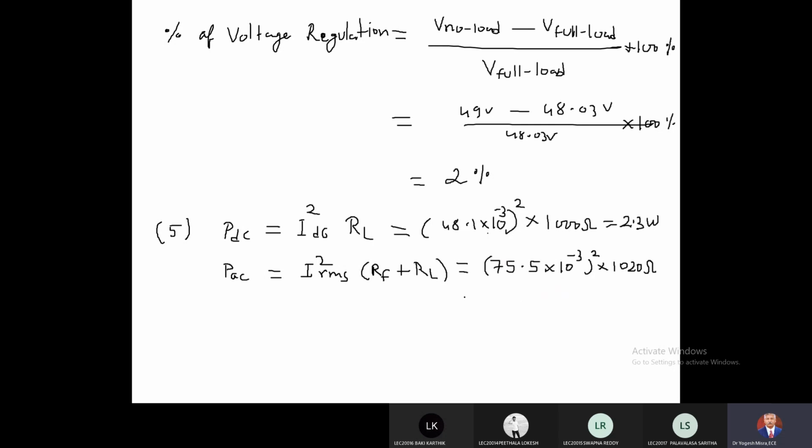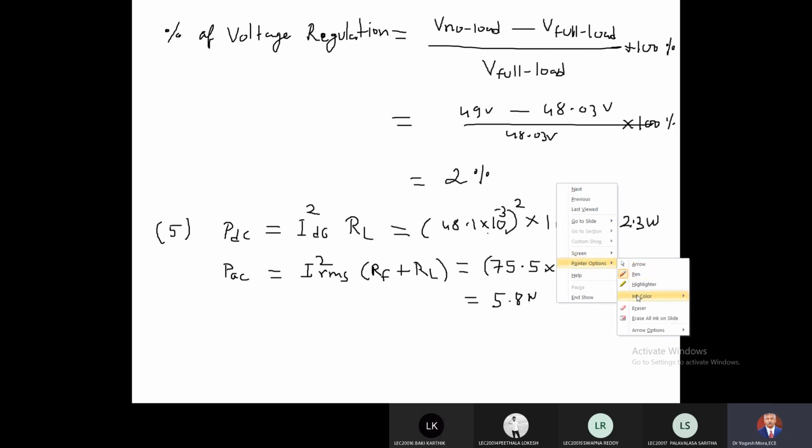I have already done the calculation for this, and its value is coming 5.8 watt. So AC input is 5.8 watt, and DC output is 2.3 watt, right?